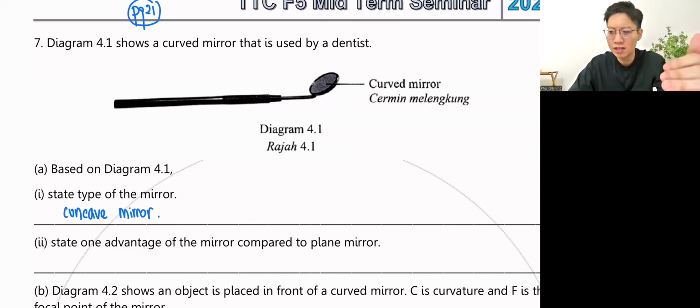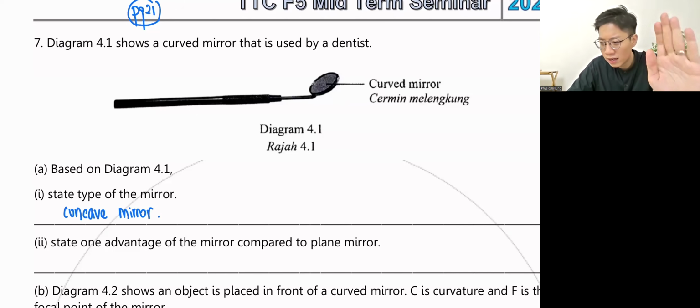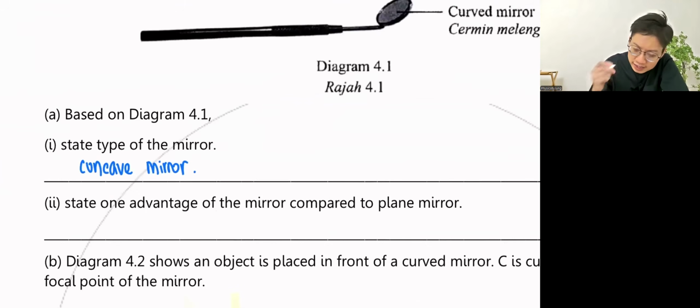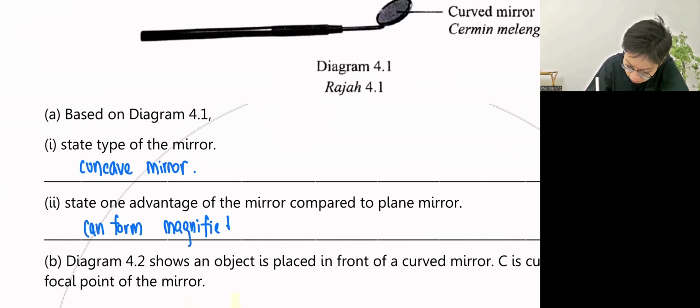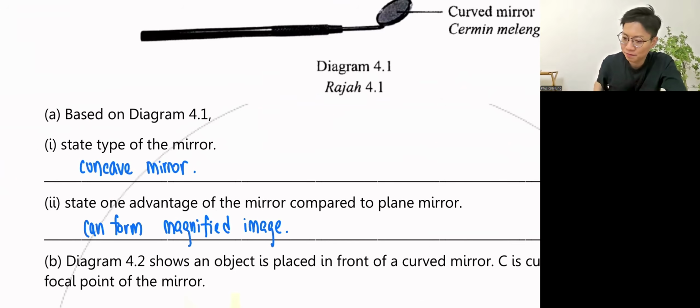What can this mirror do that the convex mirror cannot? Yes, very good. It can form a magnified image. Okay, I prefer to say magnified, I won't say enlarged, because the textbook uses magnified. Some people ask me about that.